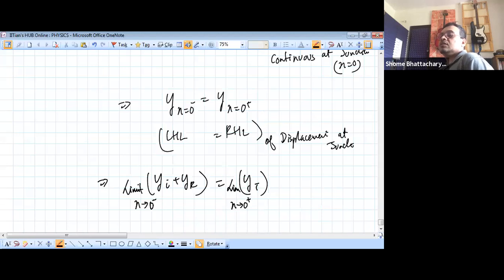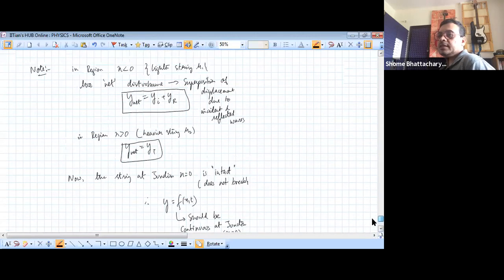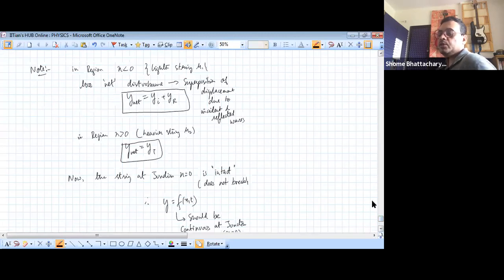Just write this equation and see what you get. That will give you your second equation, and then solving A1 and A2 from the two equations will give us the answer. So just understand this point and then try to populate that term that I've written for continuity of that point with a proper equation, substituting the values.